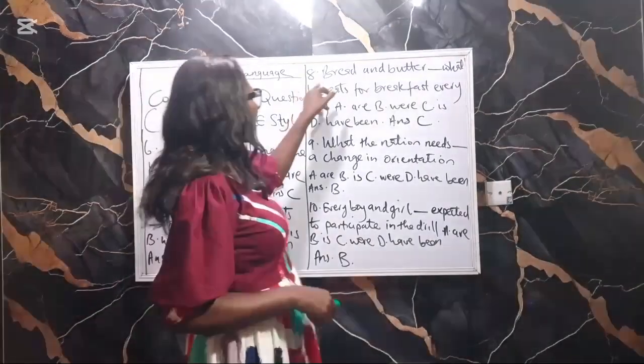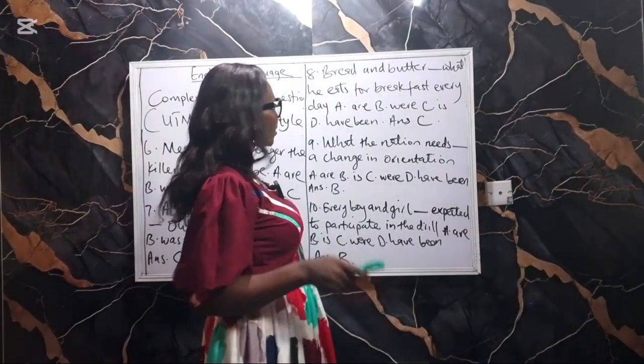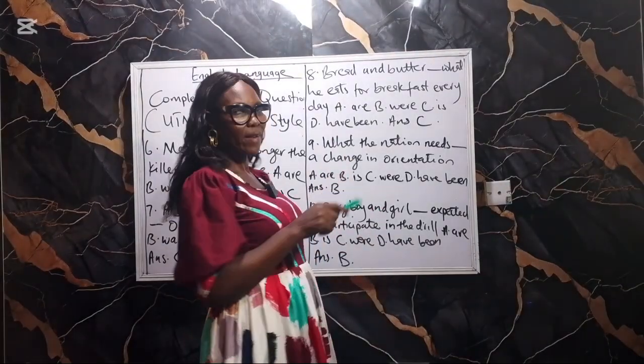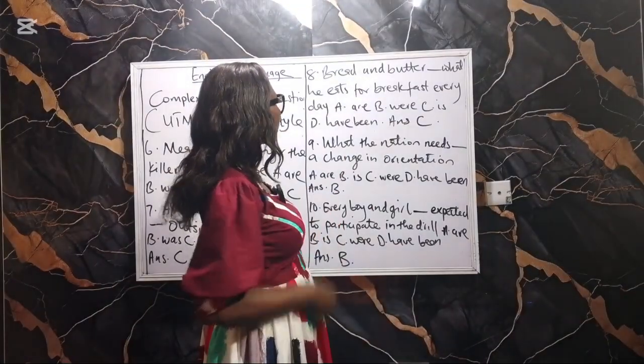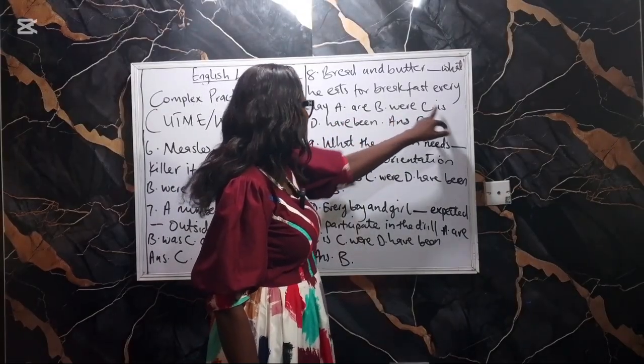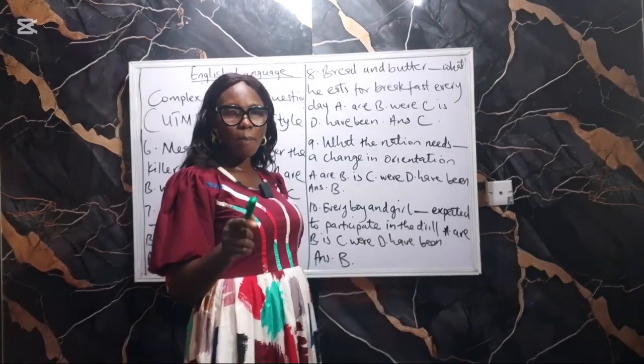Then number 8, bread and butter. Bread and butter dash what he eats for breakfast every day. Is it are, were, is, or have been? Remember, bread and butter is a compound word.